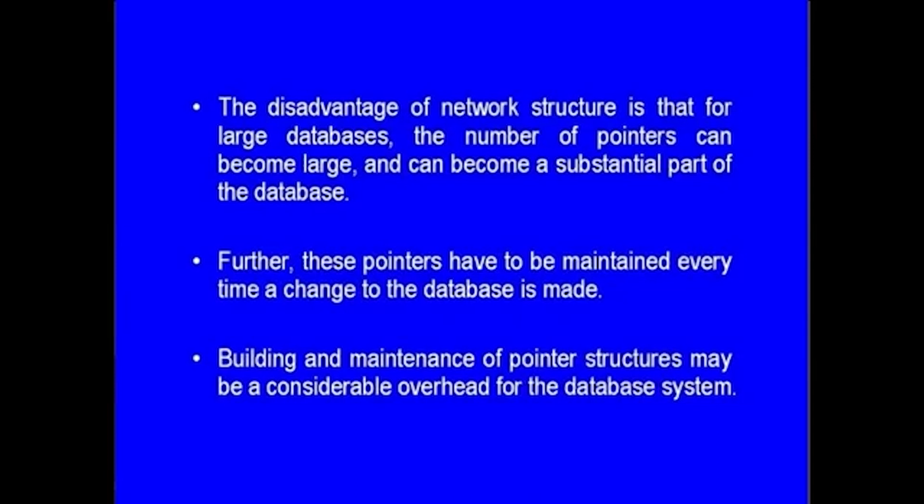Further, these pointers have to be maintained every time a change to the database has been made. Building and maintenance of pointer structures may be a considerable overhead for the database system. Next is relational database structure.